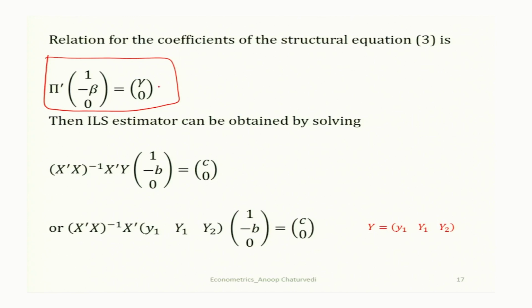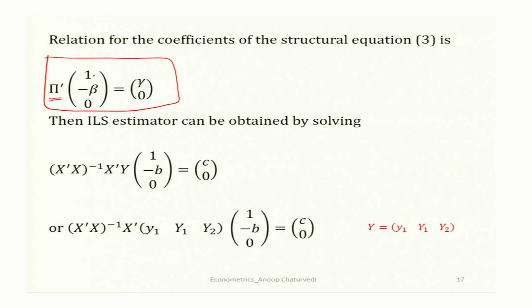We want to estimate the coefficients of the first equation. So, what do we have to do? We replace this pi transpose by its OLS estimator. The OLS estimator of pi transpose is x transpose x inverse x transpose y.